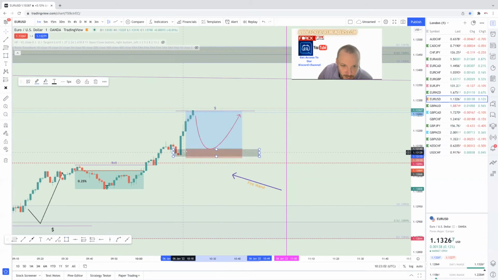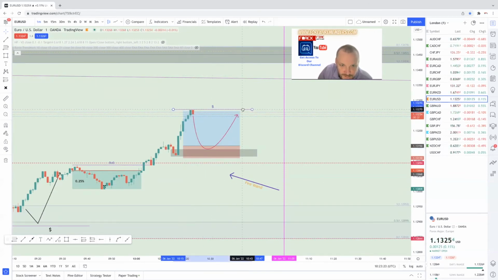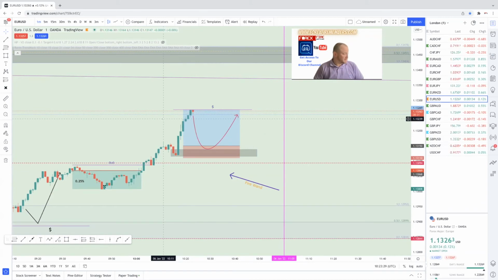We want to cushion a bit on either side, if I'm honest with you. Let's get the cushion. Let's make it a 4 pip cushion, okay? I'll go with the trade. There's a 1 to 3.